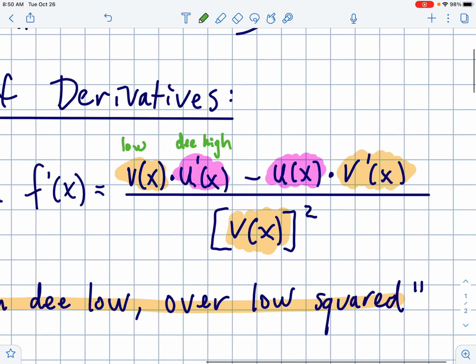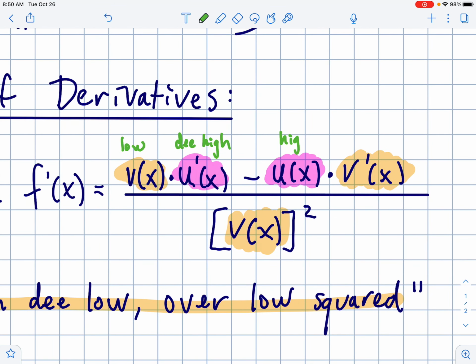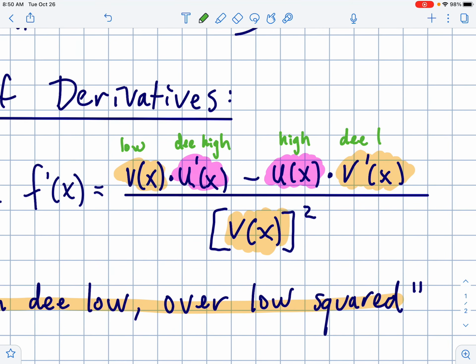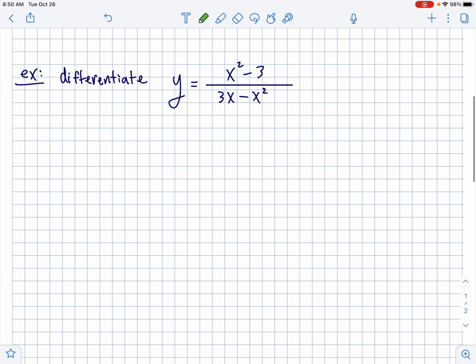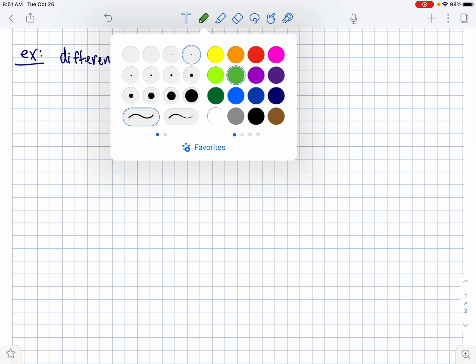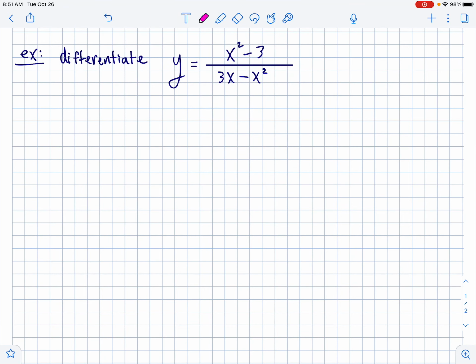Low d high, like this right here, is low function all on its own, and then this is derivative of the high. Same with this: high function all on its own, original, no derivative, and then times d low, and then this is low squared. So low d high minus high d low over low squared.